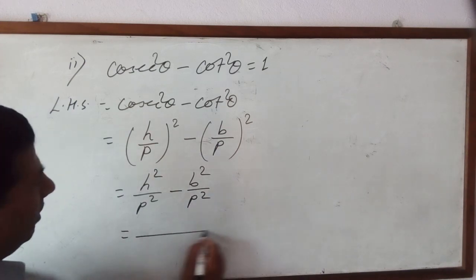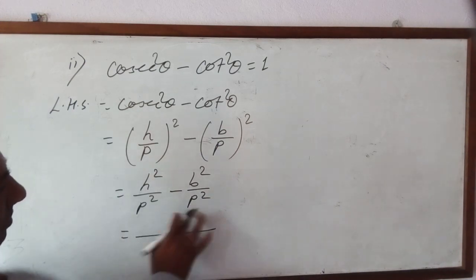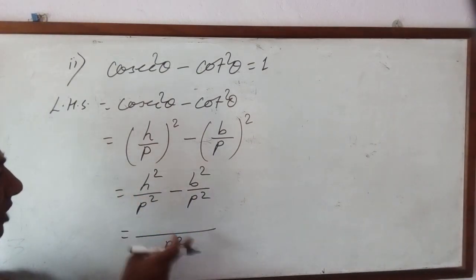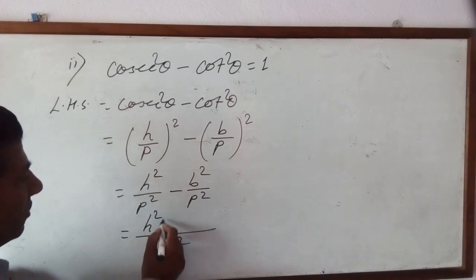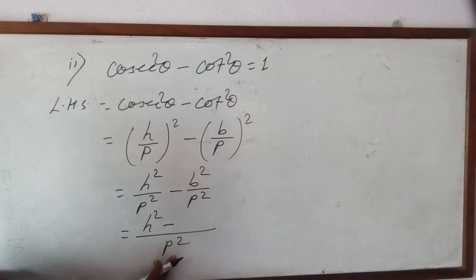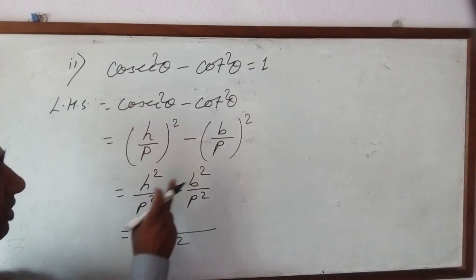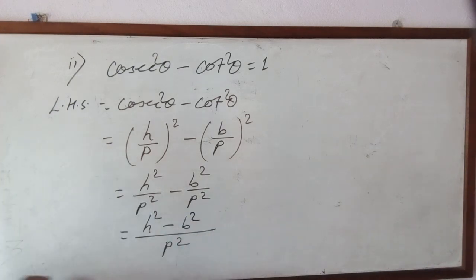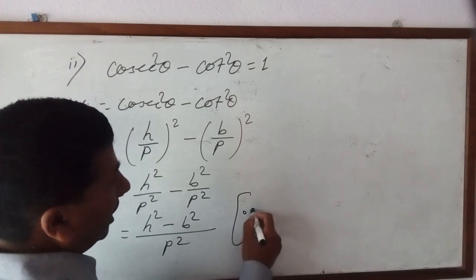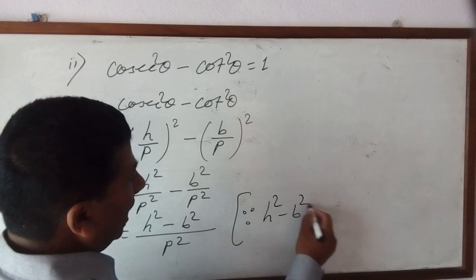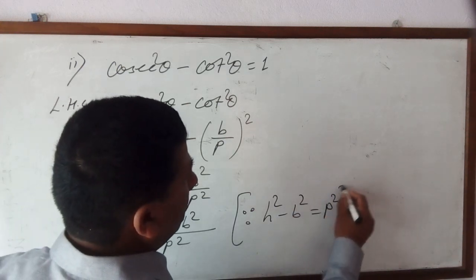Now take the LCM p square. This p square divide this p square 1 time, by that 1 it will be h square; 1 time h square minus p square divide this LCM p square 1 time, by that 1 multiply this b square, it equals b square. Okay, h square minus b square. Now we know from the Pythagoras relation that h square minus b square equals p square.